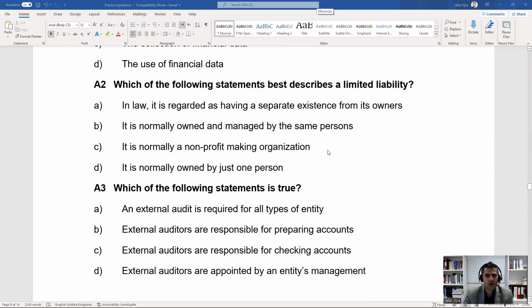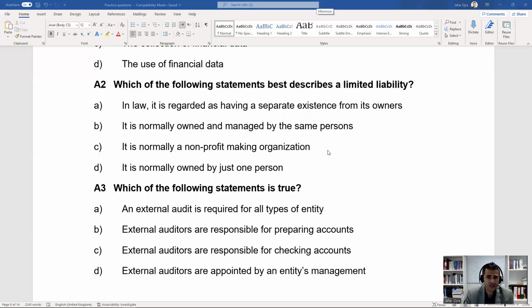A2, which of the following statements best describes a limited liability? A limited liability is a type of business which is separate from its owners. So in law, it's regarded as having a separate existence from its owners. It is normally owned and managed by the same person.